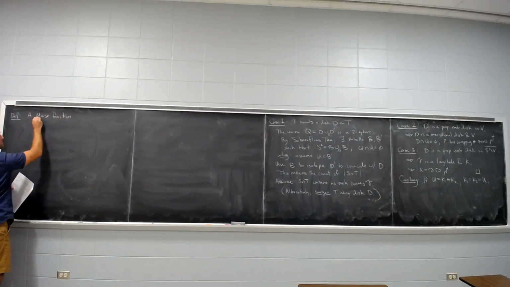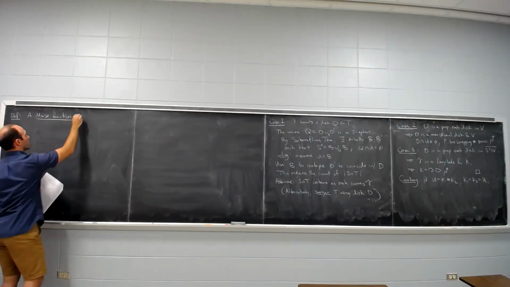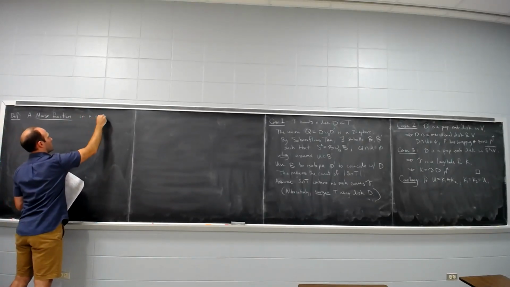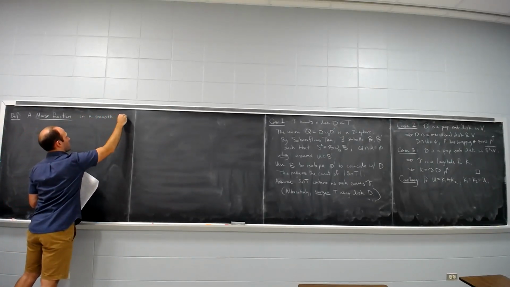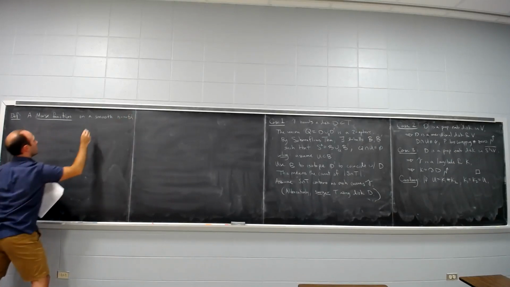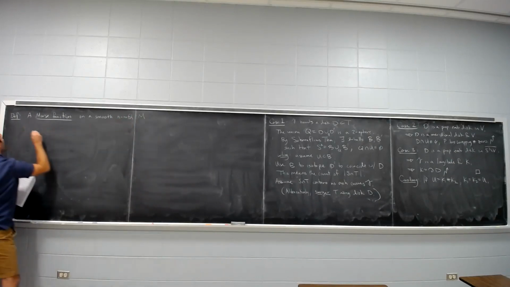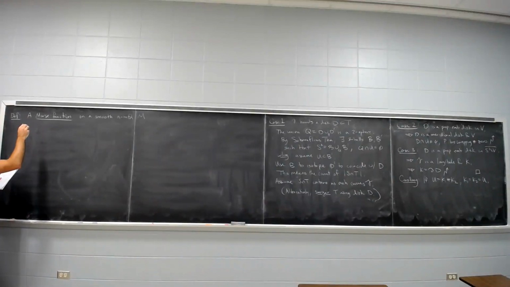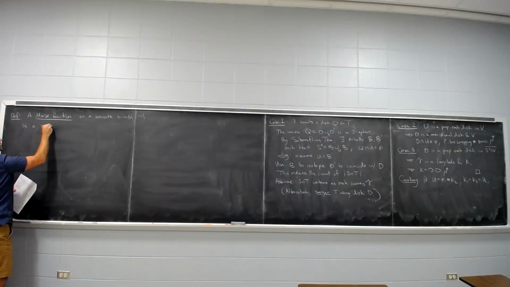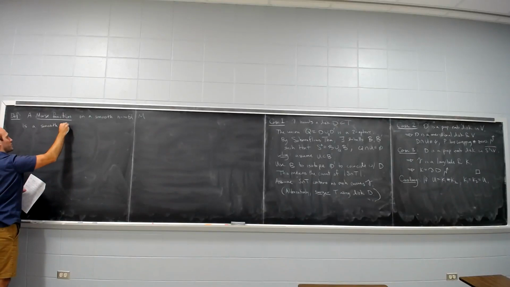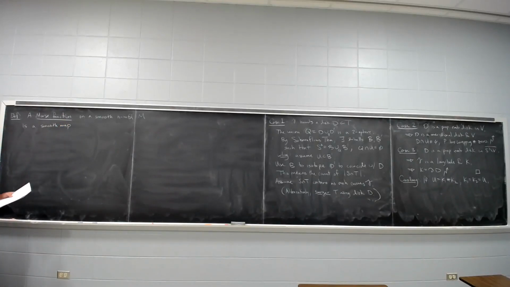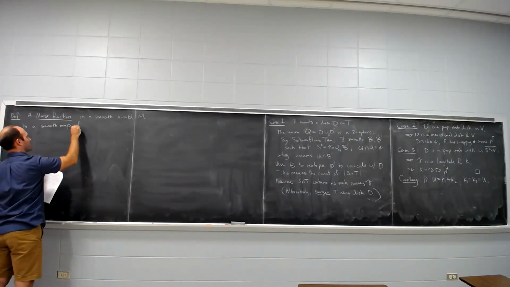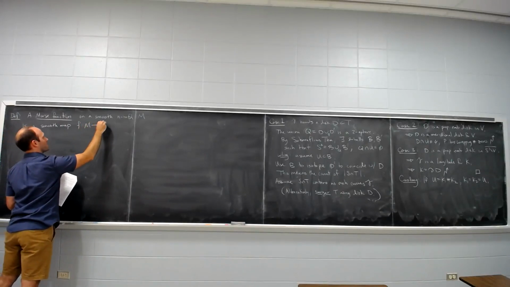A Morse function on a smooth n-manifold M is, and you guys all have taken Morse theory, so you can point out anything that is not quite right about this.